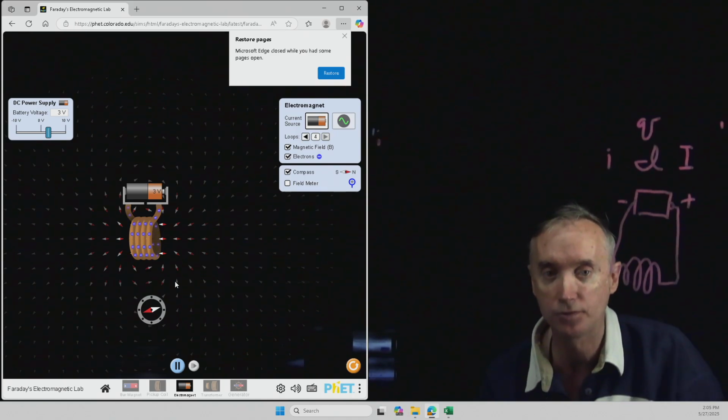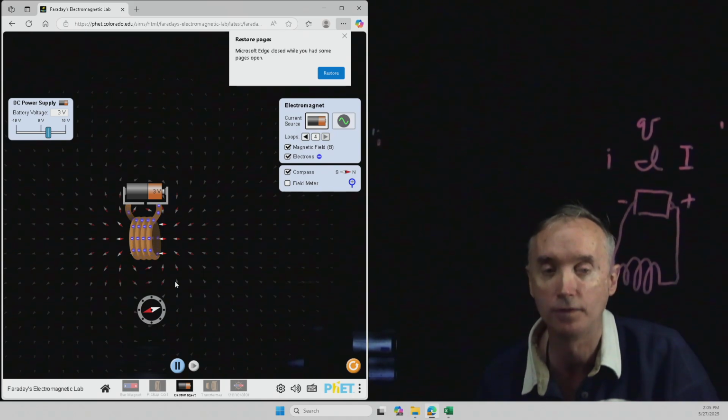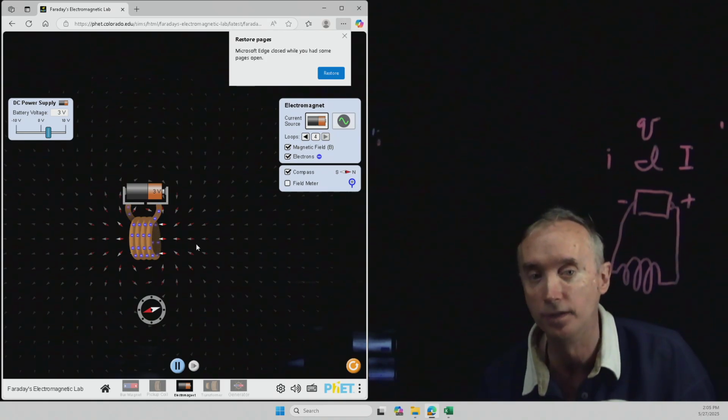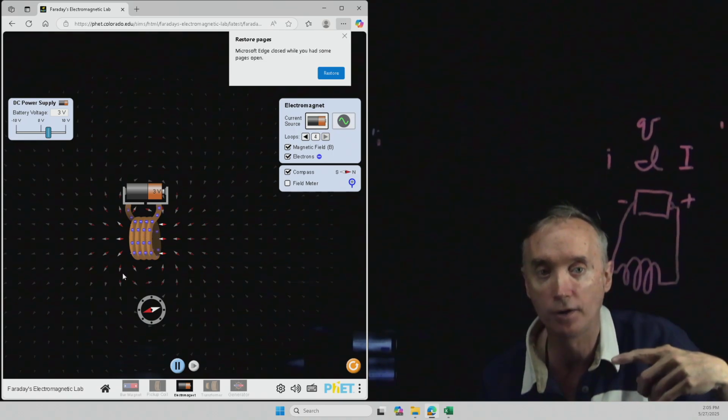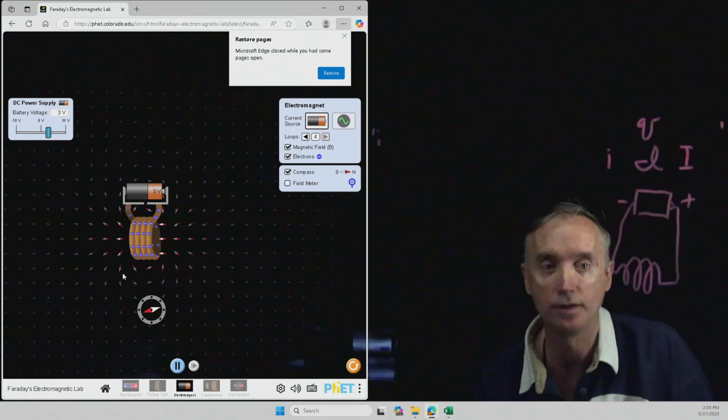If you go back up to the previous part of the lab, you'll find out that the magnetic field of something else looks exactly like the magnetic field of a loop of wire that is carrying electricity in it.